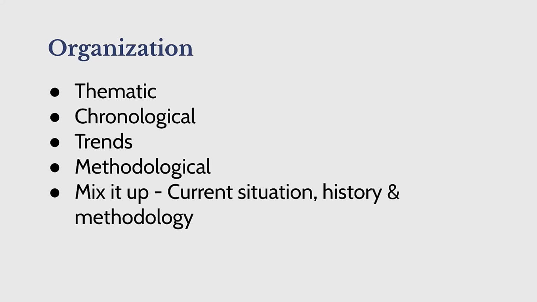Maybe it's methodological, where different sources are using different methodologies. Mix it up: current situation, history, methodology, a combination of these. These are just some ideas to get you thinking. It makes it easier for the reader if you've organized your sources in some way rather than source 1, source 2, source 3, right? You want to tie these up in a really cohesive way to interest your reader.